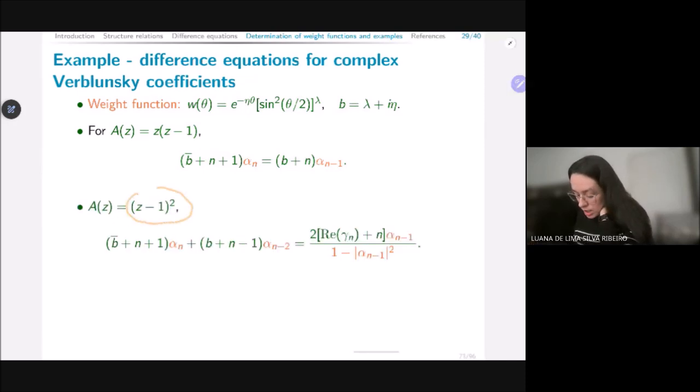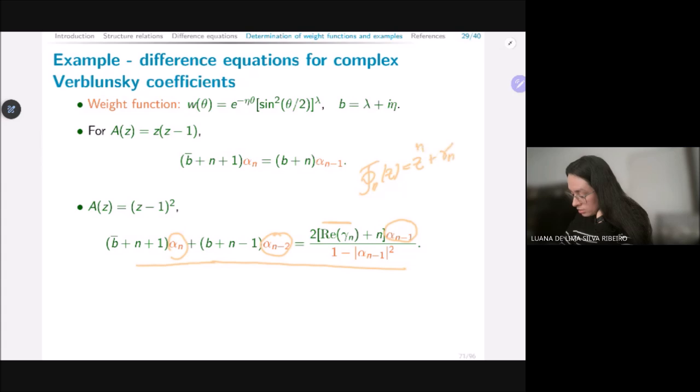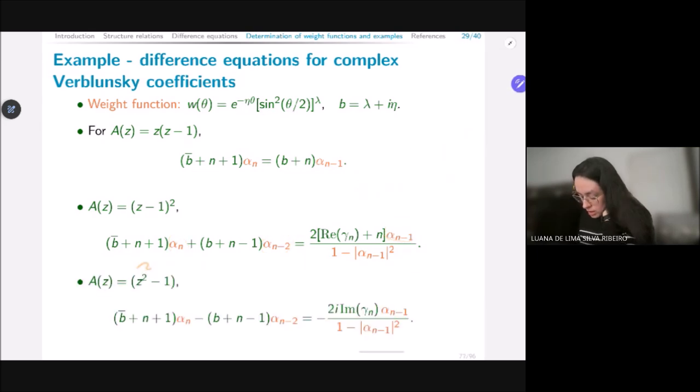When you choose A(z) like this one, the formula for the Verblunsky coefficients becomes this, in terms of alpha n minus 2 and alpha n minus 1, and here involves the real part of gamma n. Just to remember, gamma n is the second coefficient here. And when we choose A(z) like this one, we obtain something quite similar: here we have plus, here we have minus. Here involves the real part, and here involves the imaginary part of this coefficient, and also alpha n minus 2, alpha n minus 1.